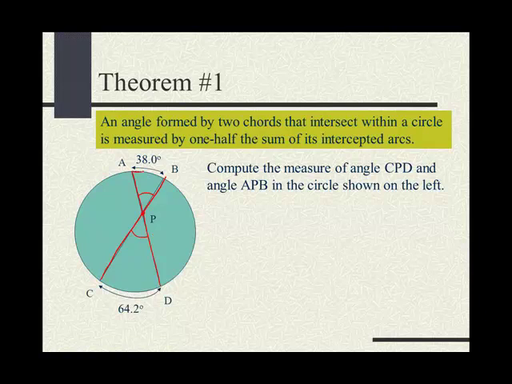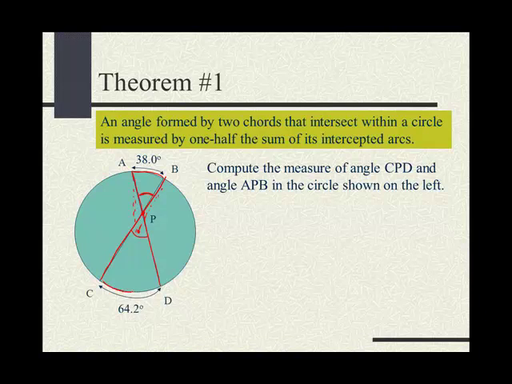Therefore, if we say that the arc AB is 38 degrees, we're not talking about this angle APB being 38 degrees. We're talking about the central angle that would intercept that same arc. So in other words, if this was the center of the circle, then the angle that intercepts that arc AB from the center of the circle would be 38 degrees.